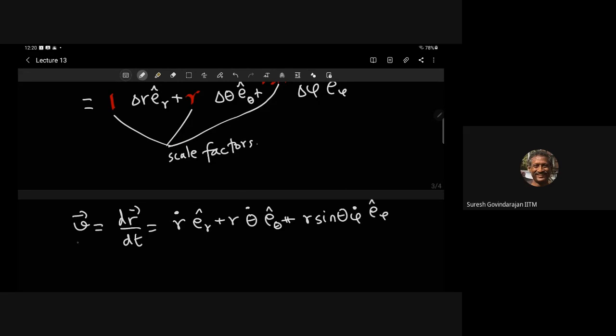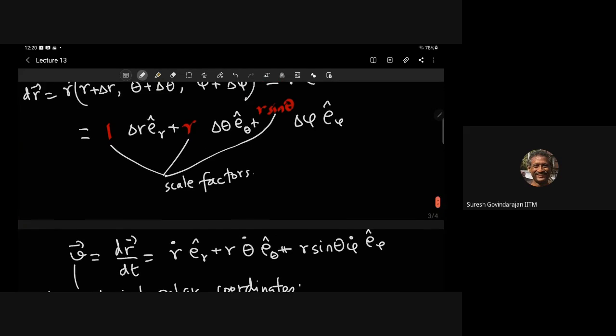So this is the velocity in spherical polar coordinates. The volume element is just the product of the scale factors: r squared sine theta dr d theta d phi, or r squared dr d cos theta d phi.